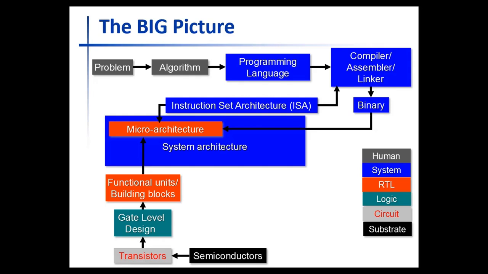So you find problems which you need to solve, and you build a solution for that problem in the form of an algorithm, then use some programming language to convert that algorithm into a binary image or machine code using a tool chain, a set of tools: compilers, assemblers, linkers.